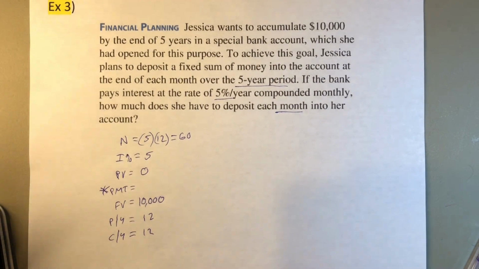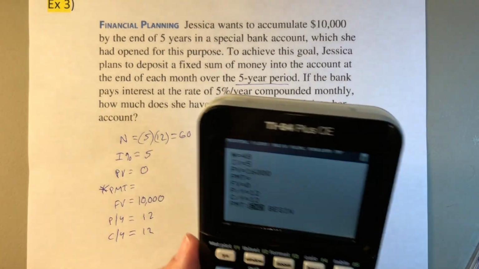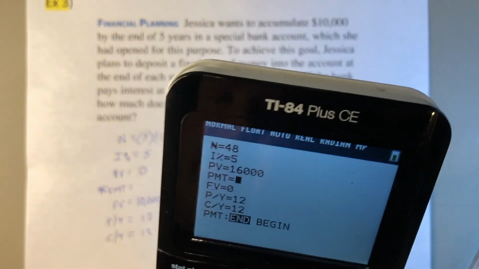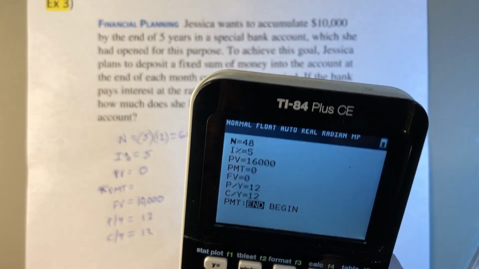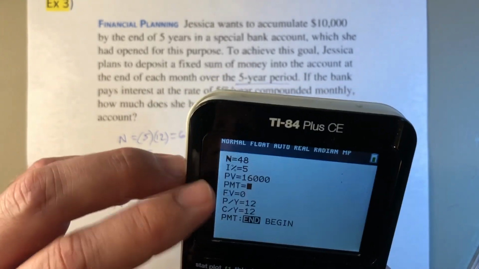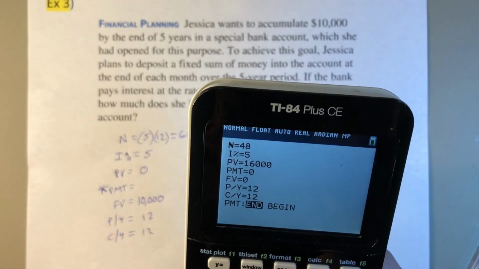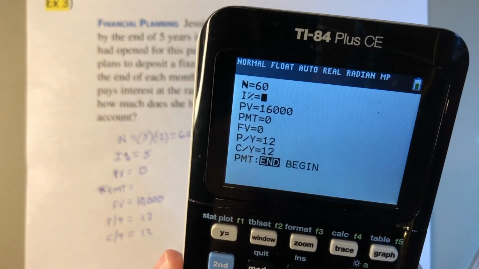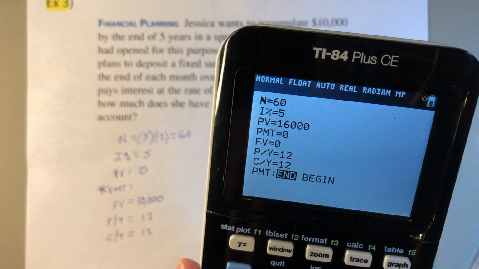Okay, so I put this information into my calculator. For payments, just put a 0 in there for now. That'll allow you to move your cursor in case that doesn't work. You've got to put something in each one of these positions, otherwise your little cursor won't move. So we can do 5 times 12. Interest is 5.